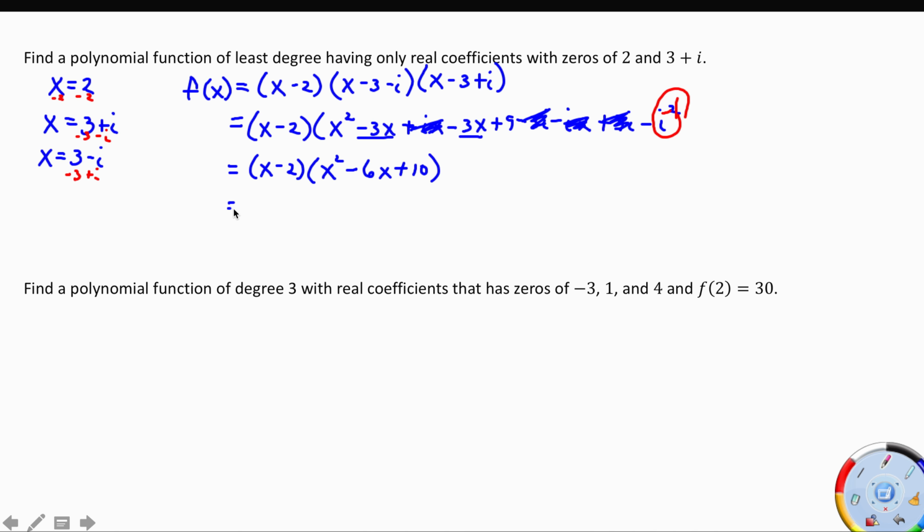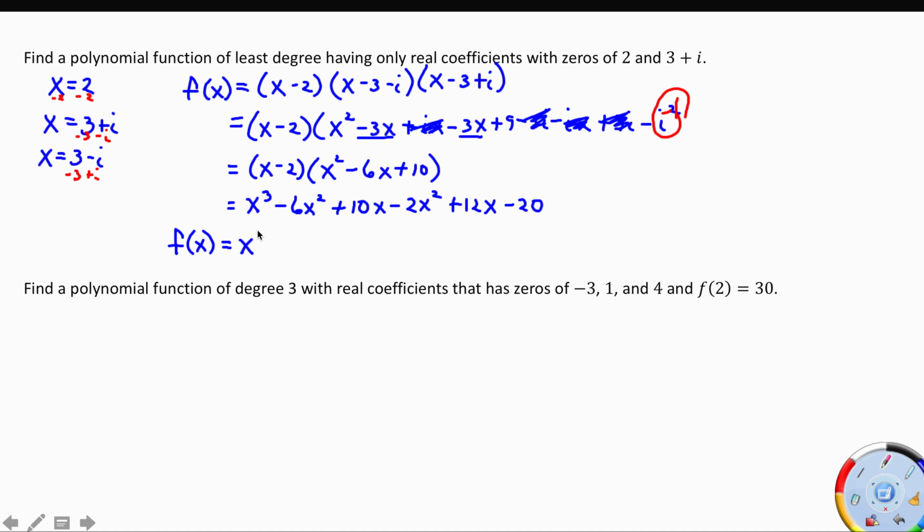And then keep multiplying it out. x cubed minus 6x squared plus 10x minus 2x squared plus 12x minus 20. Combine like terms.